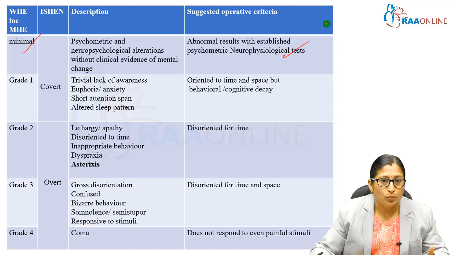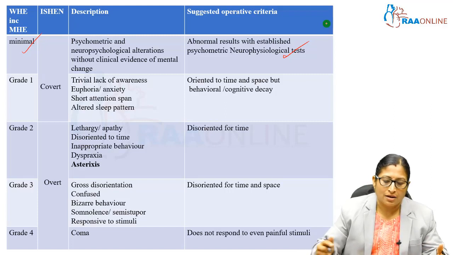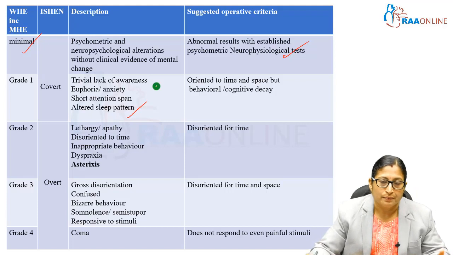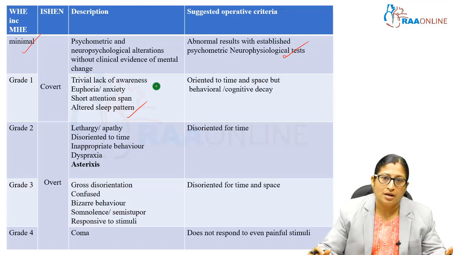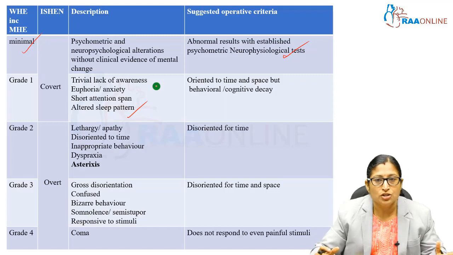What is grade 1 hepatic encephalopathy? These patients have trivial lack of awareness. A very important symptom is altered sleep pattern: insomnia, hypersomnia or an altered sleep-wake cycle. Inversion of the sleep pattern may be seen. They may have anxiety or euphoria and a short attention span.